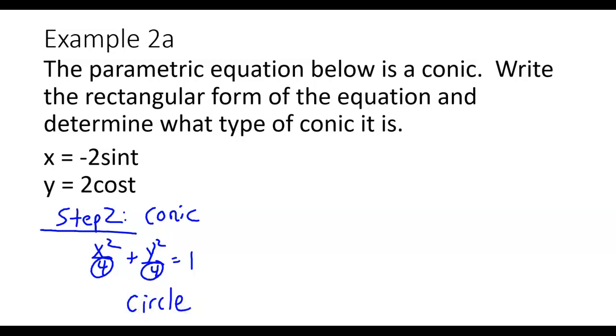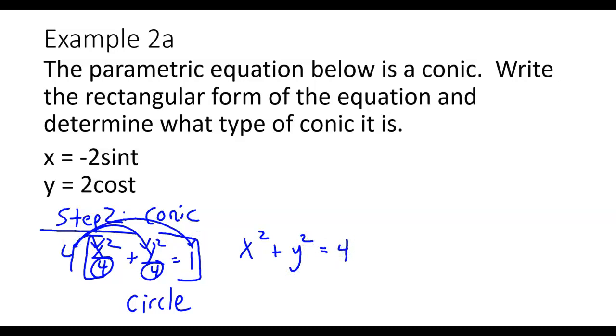Okay? Now, typically with a circle, we don't like leaving the denominator down there. So what I'm going to do is multiply the entire equation by 4. If I multiply here, it cancels the denominator out and leaves me with x squared. If I multiply here, it cancels the denominator out and leaves me with y squared. And if I multiply here, I get 4.